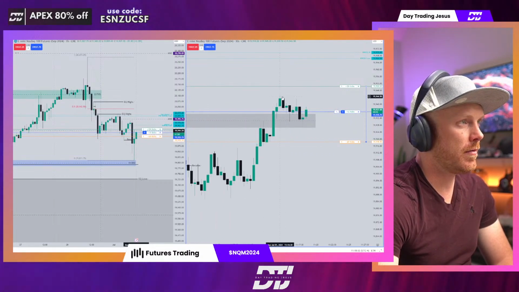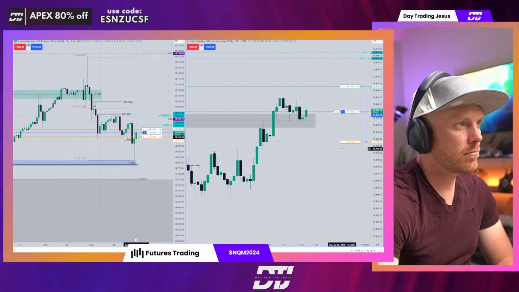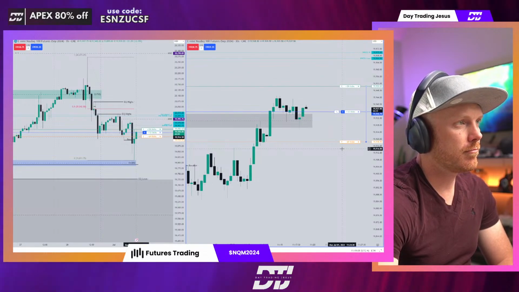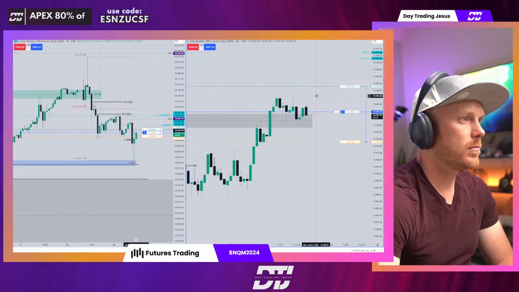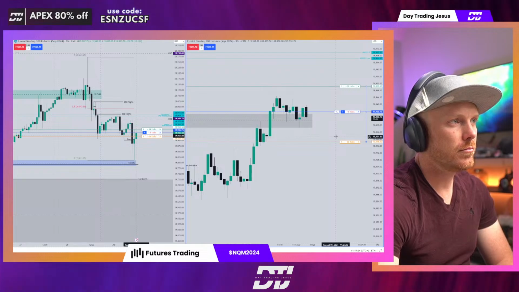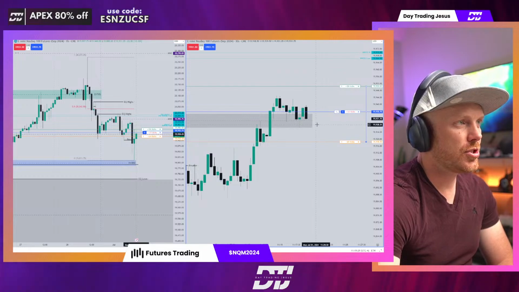As soon as we get above this high here, we're moving our stop to break even. I hate this type of price action, man. Just got to follow the rules.